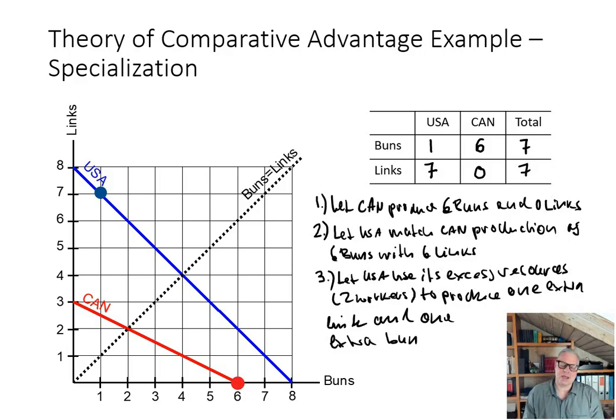Then in the second step, we let the United States produce 6 links, but then the United States still has some extra resources available, and those extra resources are being used to produce again equal numbers of links and buns in order to make sure that we end up in the world with the same number of links and buns so that we can have hot dogs. Okay, so I'll stop here, and in the next slide, we will discuss how they should trade.